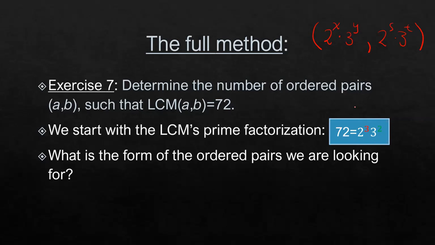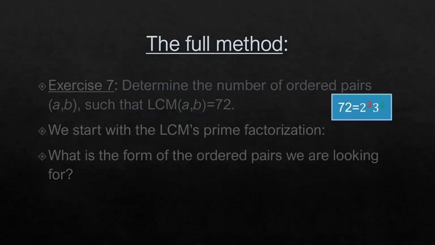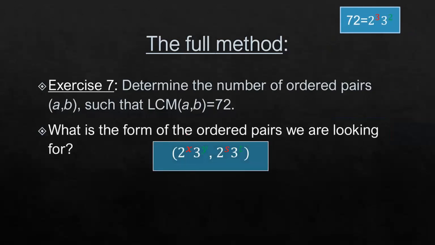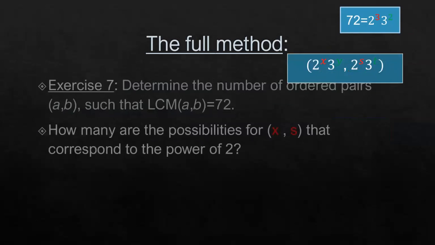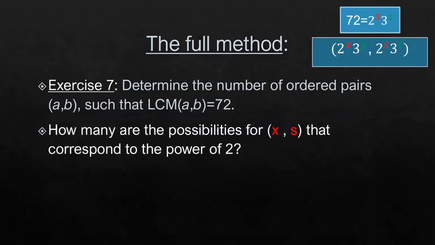The only difference here is that we are allowed more pairs, because we have higher exponents. That is the only difference. So the ordered pairs have this form again. Now, can someone try to figure out the possibilities for x and s?